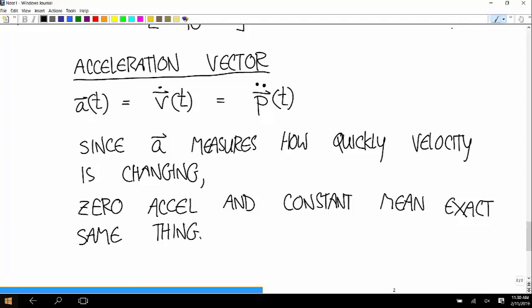You can think of that as two different ways to say the same thing in a problem. That's also true if you think about the fact that velocity is the time derivative. It's measuring how quickly the position is changing. Zero velocity is saying the same thing as constant position. Okay.